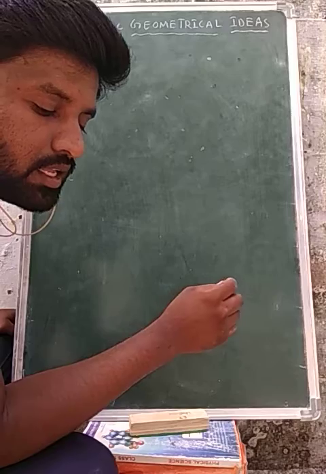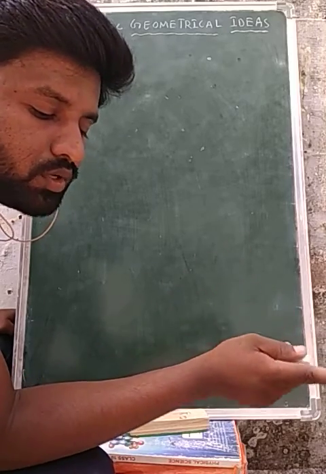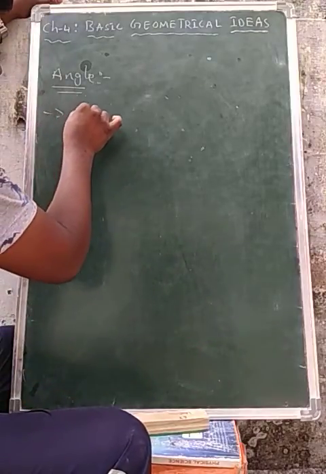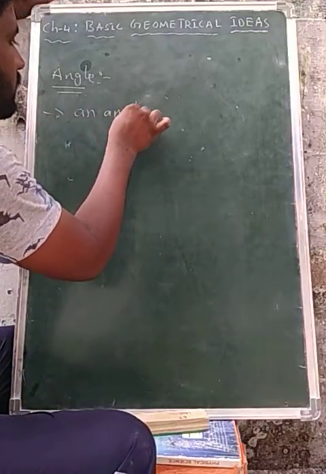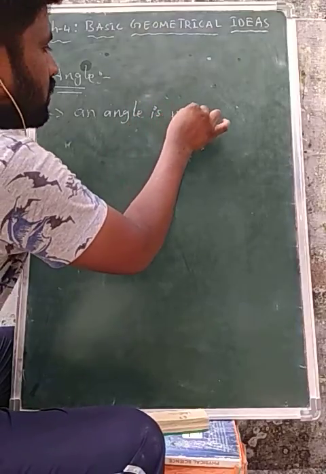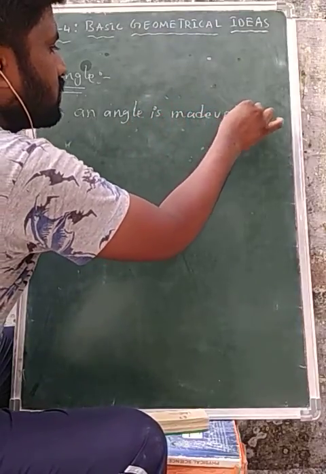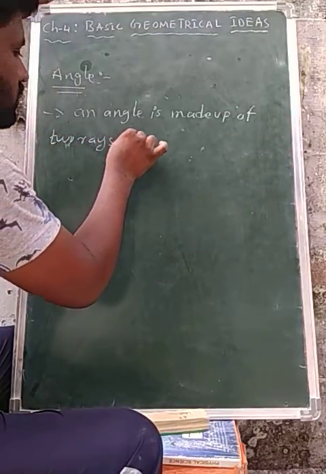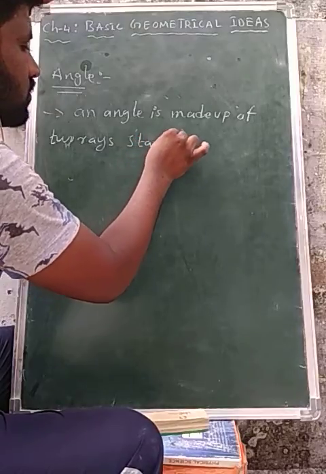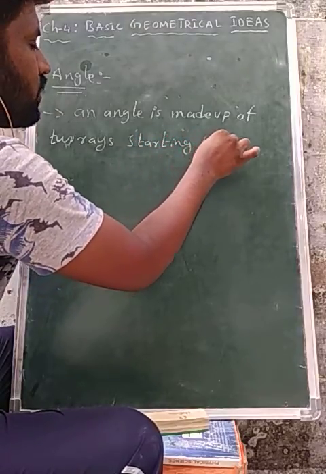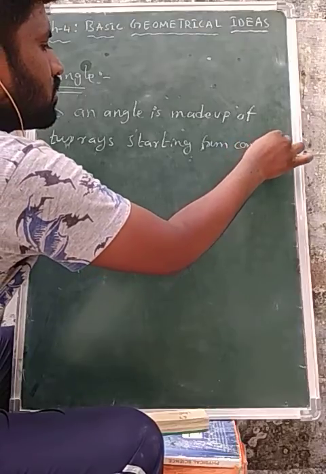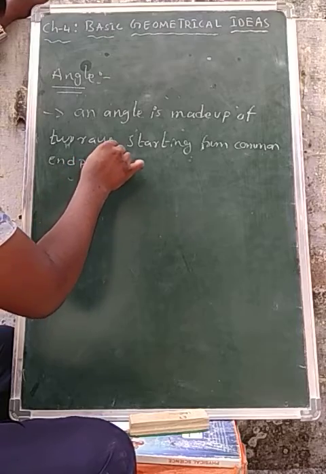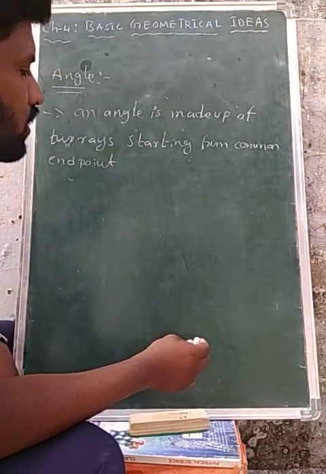An angle is made up of two rays starting from a common end point. Okay, so then the angle is formed.